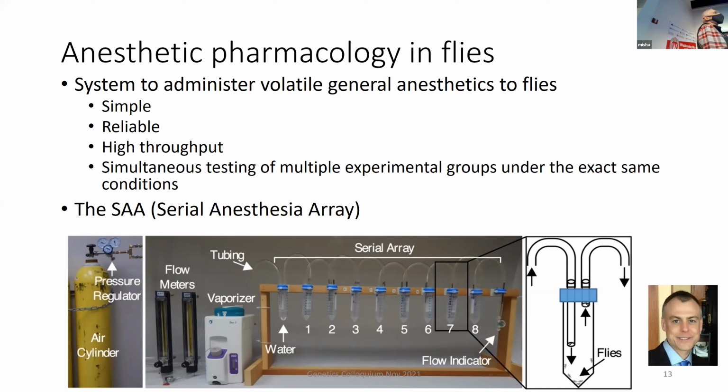In the vaporizer, the gas mixture gets mixed with a precisely set percentage concentration of an anesthetic, and then it goes through this system. We send it first through a water bath to humidify it, because we didn't really know how long the exposures might be, and we didn't want the flies to dry out. And then in this construction you have 8 slots where you can put different experimental groups or the same experimental groups as replicates.